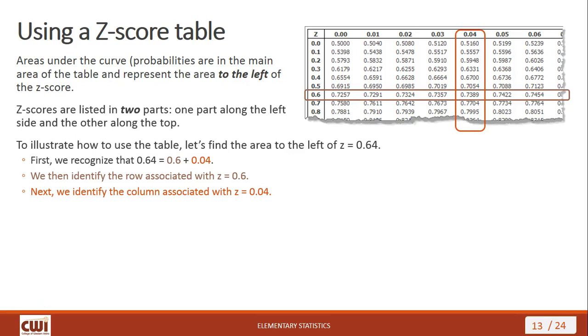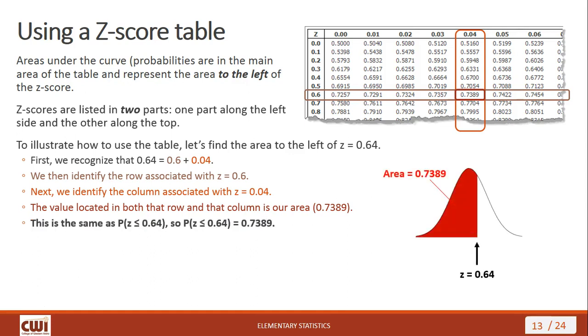So now we have a row of interest and a column of interest, so the intersection of those two is going to be our area of interest. This gives us the area underneath the curve to the left of z equals 0.64. That area is 0.7389. This is the same as the probability that z will be less than or equal to 0.64. So this area represents a probability that we're randomly selecting a z-score that's less than 0.64.